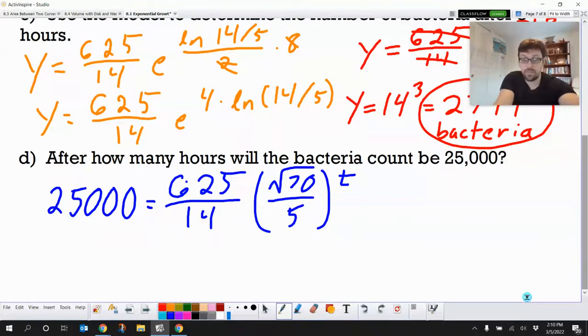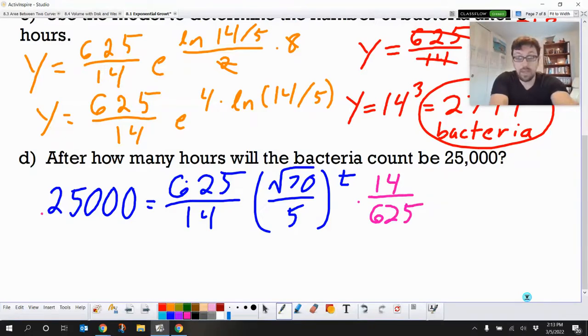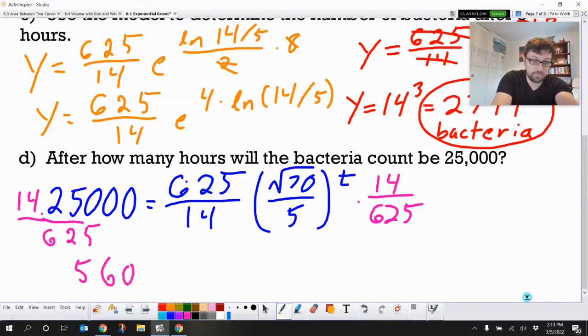I just want to solve that for t. I'm going to multiply both sides by 14 over 625. You do a little calculator, a little canceling. You end up with 560 equals the square root of 70 over 5 to the t.